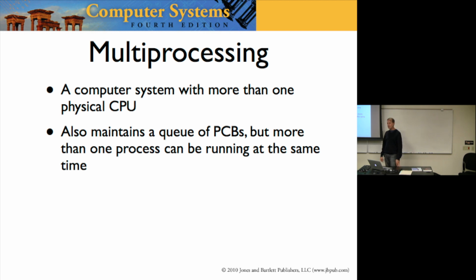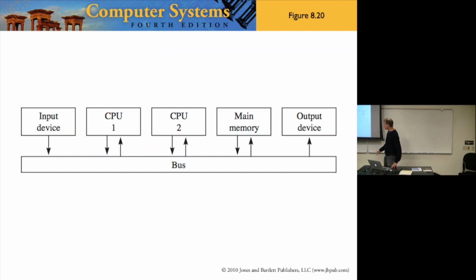Are you with me? So here's a little block diagram. Those of you who have had the computer systems course should recognize this. You've got the bus, the input device, the output device, main memory, and here's an example of more than one CPU in the system. Physically, more than one physical CPU.